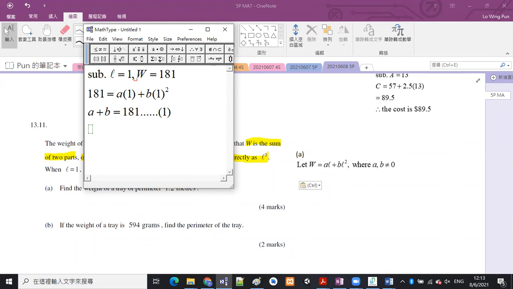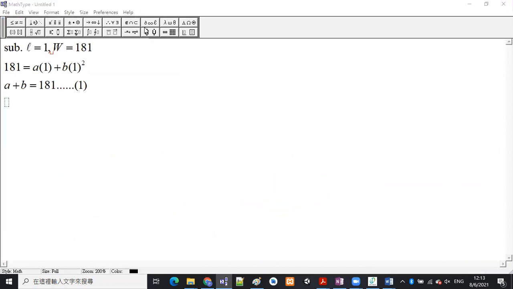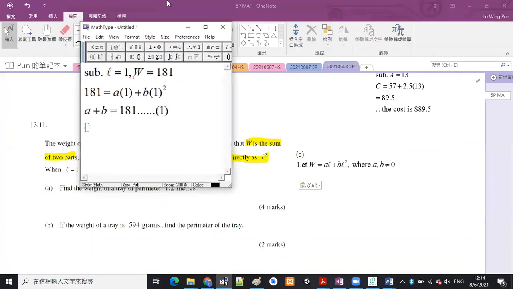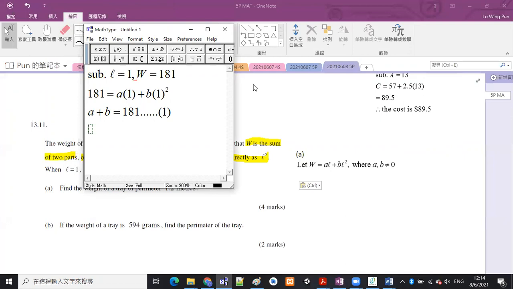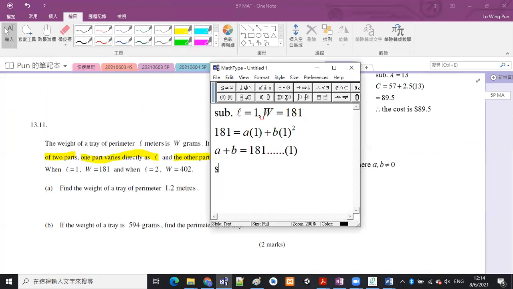And then the second group of numbers is L equals 2 and W equals 402. So 402 is equal to A times 2 plus B times 2 squared. We have 2A plus 4B equals 402.